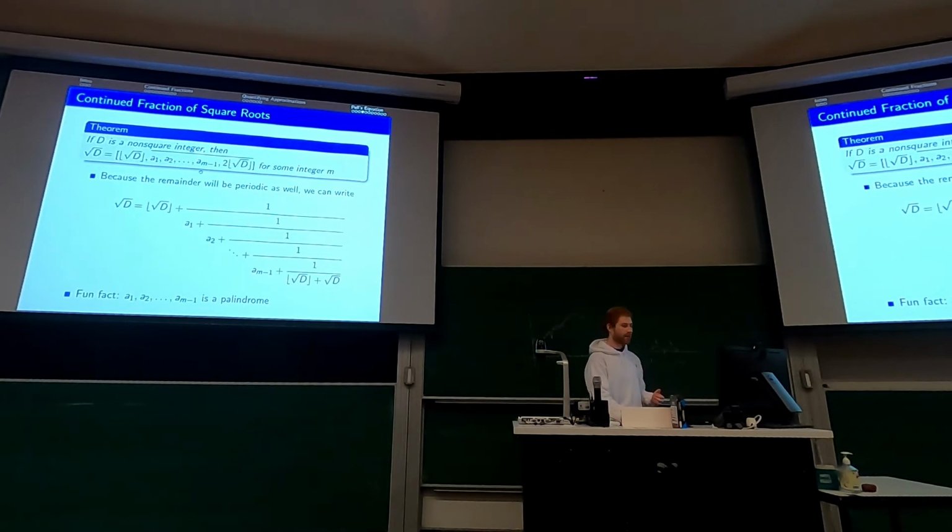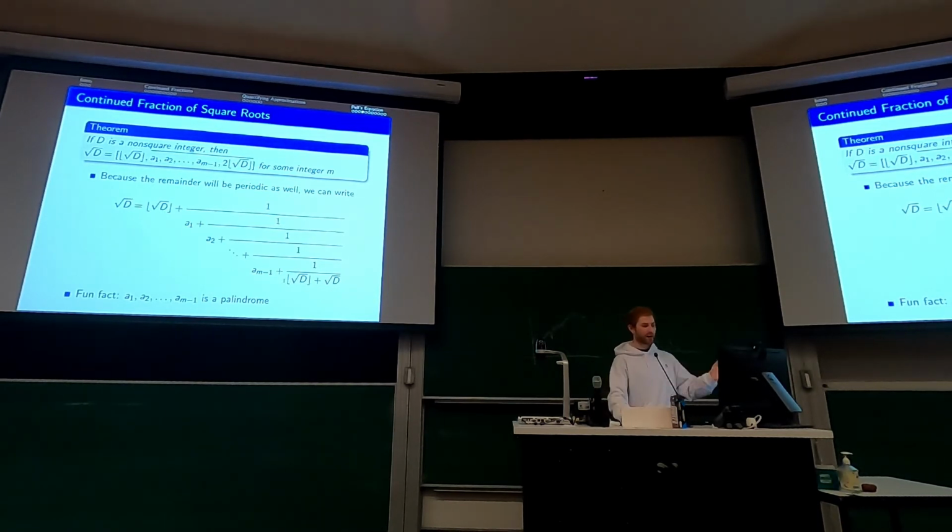A fact about this is that because the remainder is going to be periodic, when we get 2 times a0, 2 times the floor of the square root of d, this is going to be the same remainder as r0, which was, if you remember, the square root of d minus the floor. And so the actual term will be 2 times the floor, plus square root of d minus the floor, which is going to be the square root of d plus the floor of the square root of d.